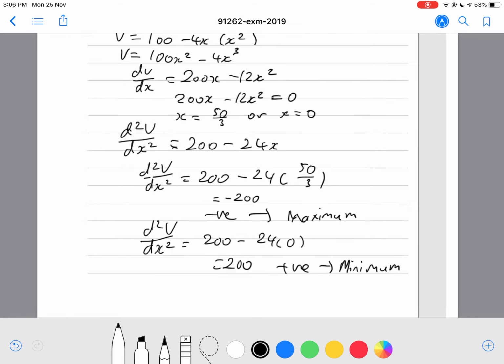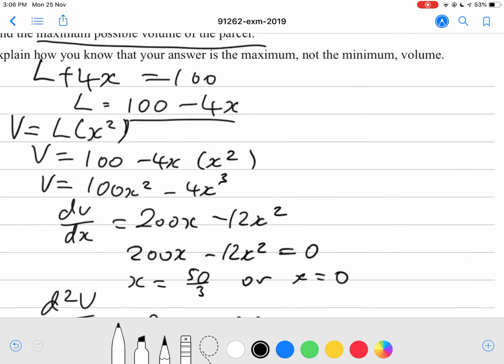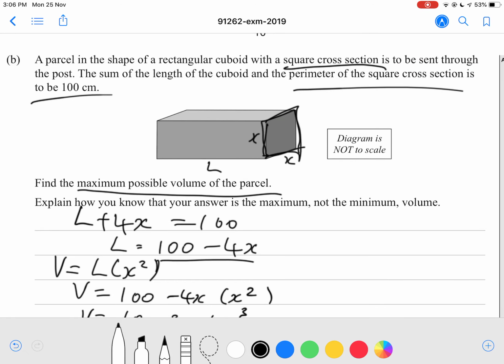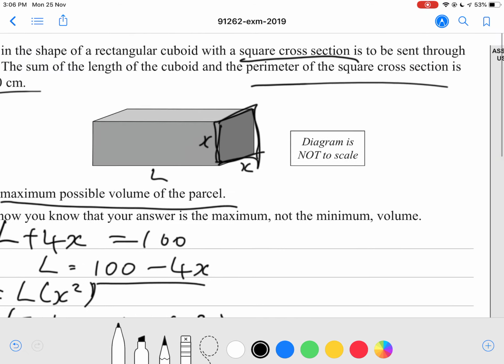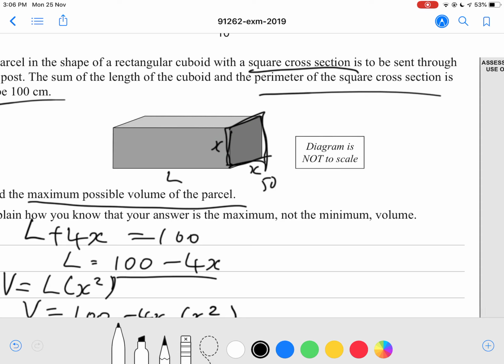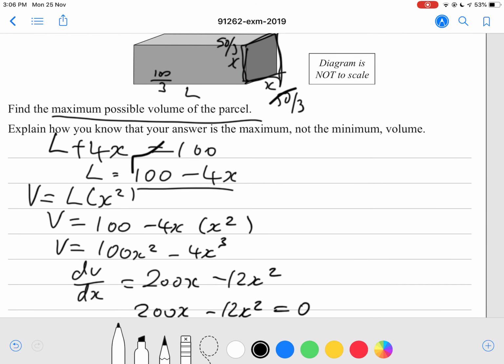Alright, so right now we can substitute 50 over 3 back into our volume formula, or we can just substitute back into our picture. So our x equals 50 over 3, so that's 50 over 3, this is 50 over 3. And L would be 100 minus 4x. So 100 minus 4 times 50 over 3. That is 100 over 3. So we can just multiply all of this together.